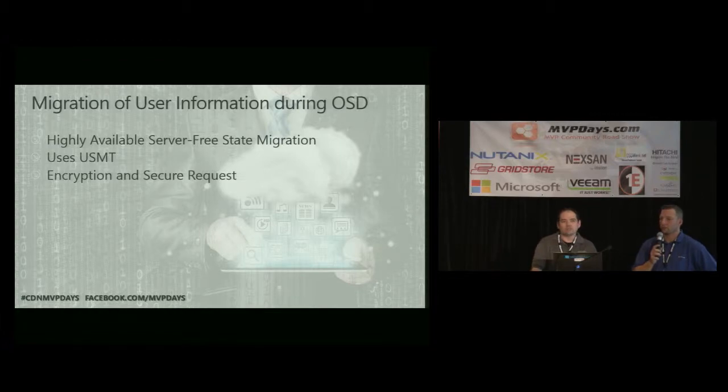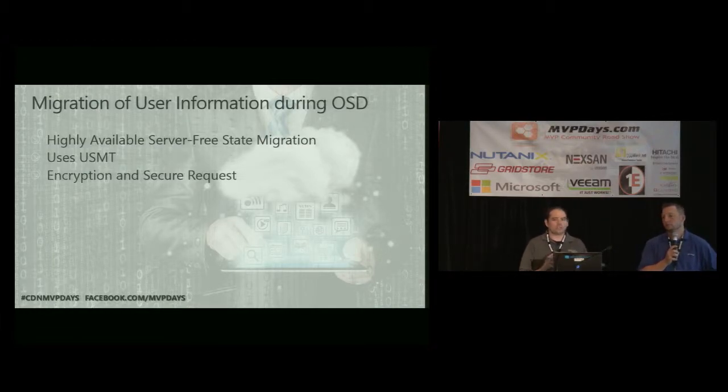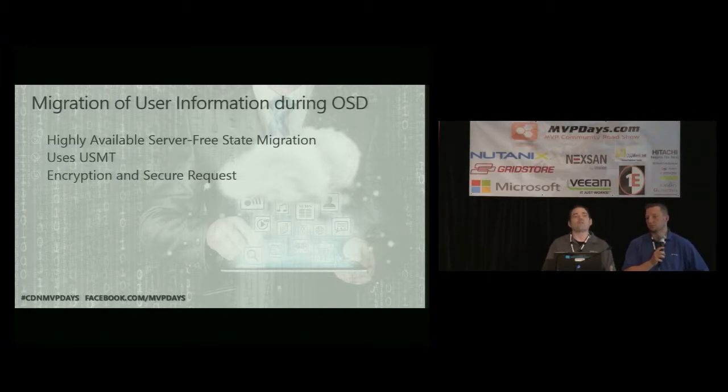But we needed a solution that was still going to use the USMT process, because our company has taken months to build that configuration for state migration, to tell what a user will be allowed to migrate from their old computer to their new one, whether their MP3s or their videos and so on gets migrated over. Because it's using the native USMT, encryption and all the secure requesting that happens works as well.